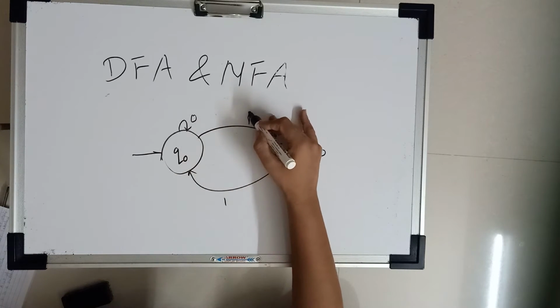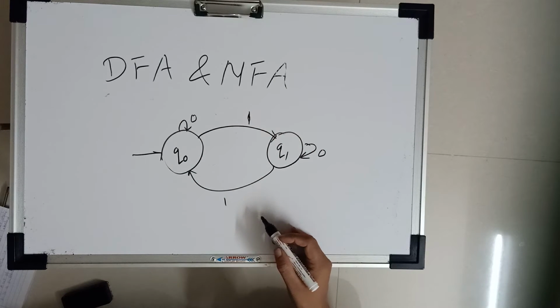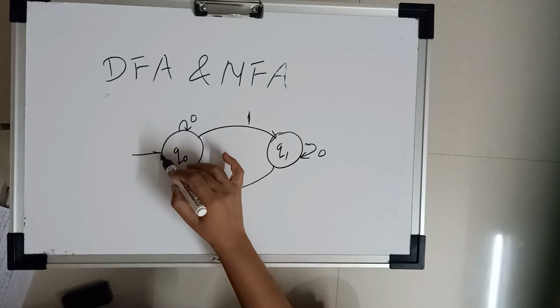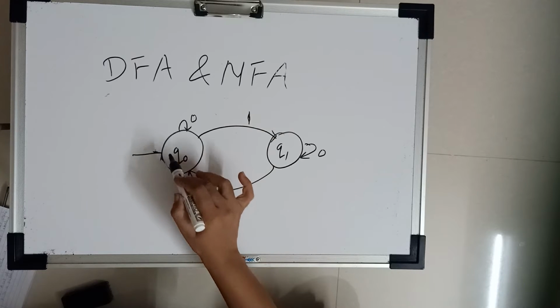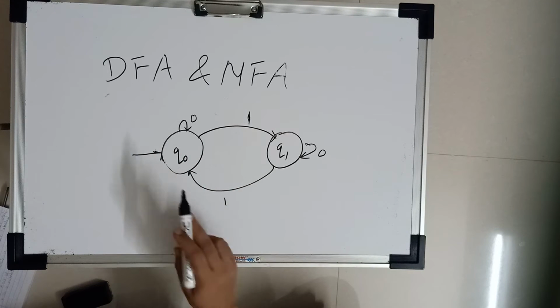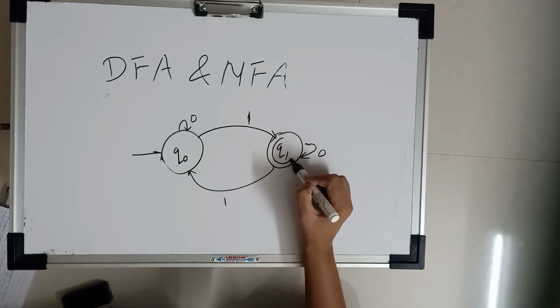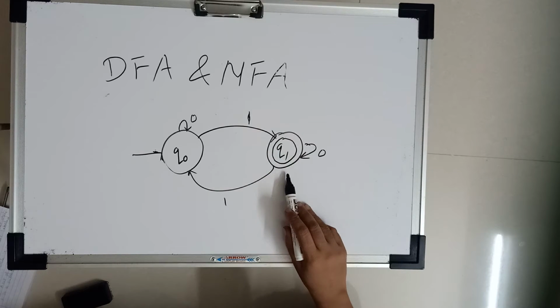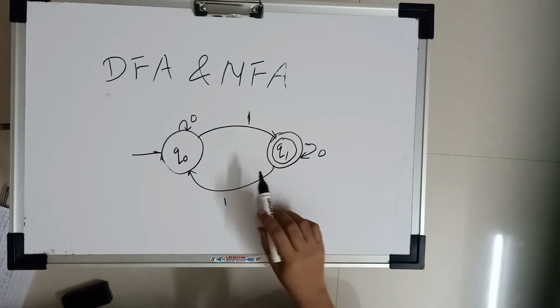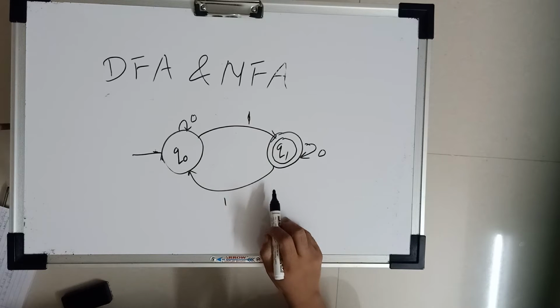So this is transition diagram. Again remember that in a given transition diagram, if this simple arrow is given, it means this is your initial state, and if double circle is given for any state, that is your final state. And these arcs are the inputs.